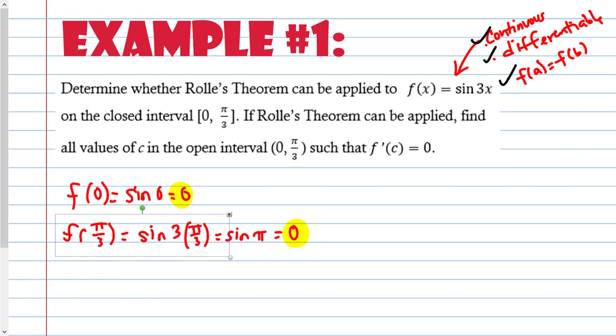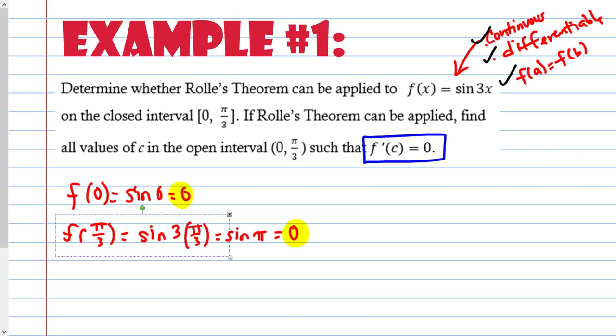Now that we know that it can be applied, we're going to figure out what this c value is, that Rolle's theorem is telling me has a slope of 0. So what you do is you take the derivative of the function and you set it equal to 0.